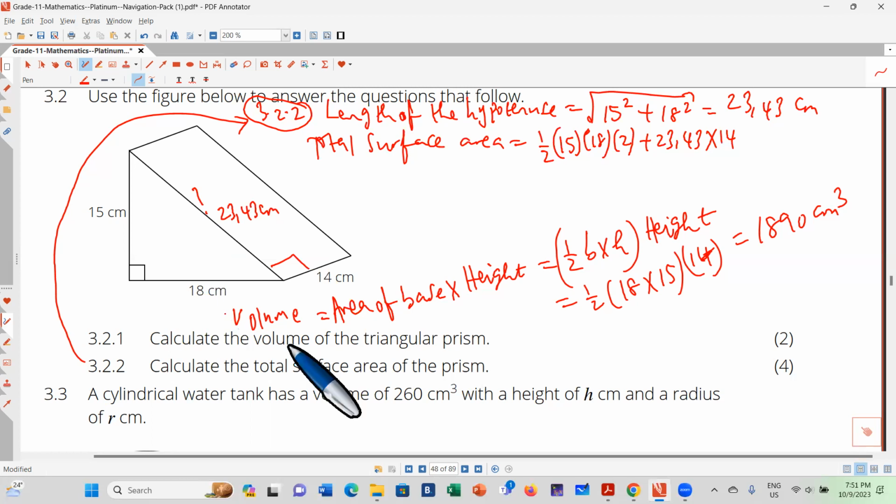The base is 18 by 14, a rectangle. Then you have the side at the back, which is 15 and 14, because this 14 is the same as that. So you have plus 15 times 14. So you get the answer. Total surface area.